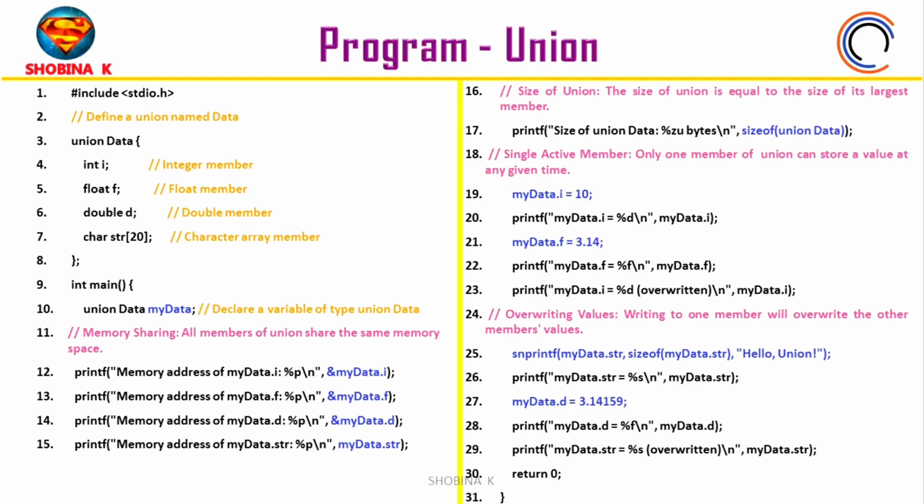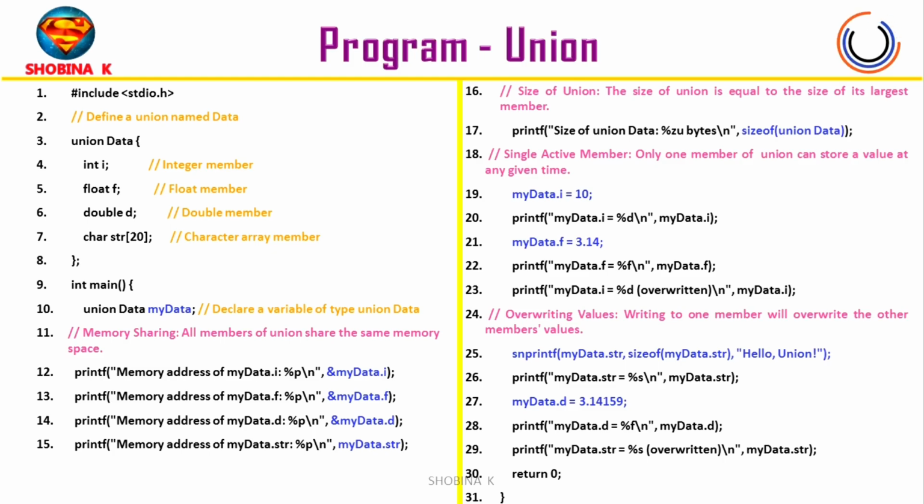Next, we demonstrate that only one member can hold a value at any given time. First, we assign 10 to myData.i and print it. Next, we assign 3.14 to myData.f and print it. So when we print myData.i again, we see it has been overwritten, indicating that a union can hold only one active member at a time. Finally, we show that writing to one member overrides the value of the other members.